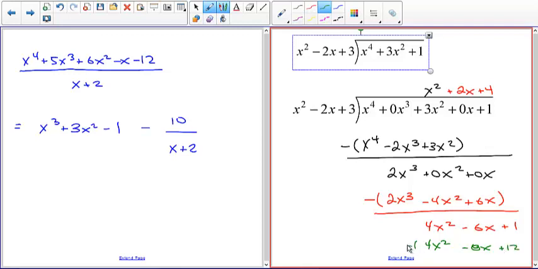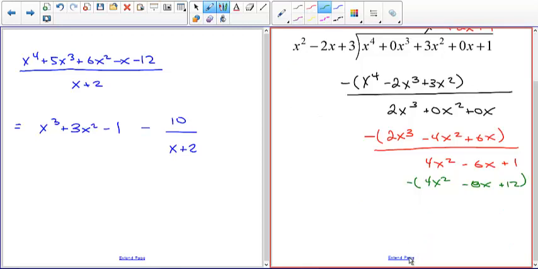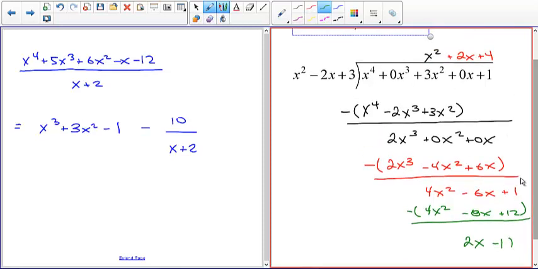I subtract that. Again, these go out. That's the whole purpose of choosing those numbers. Then you have negative 6x minus a negative 8x, which is negative 6 plus 8, so you get positive 2x. And here we have 1 minus 12, which is negative 11. And we've finished. We can't go any further.